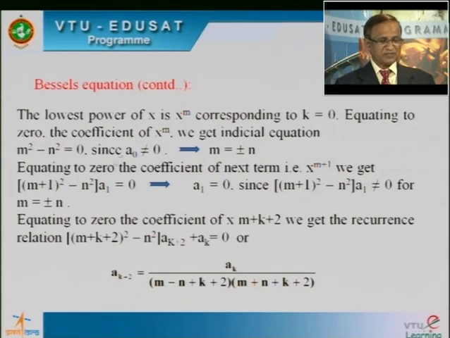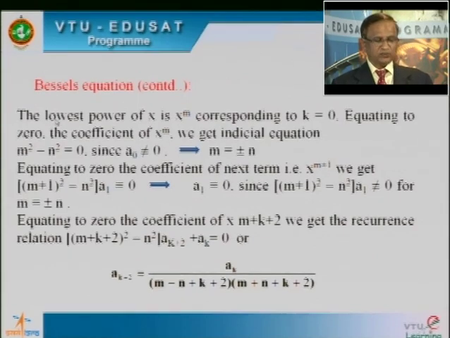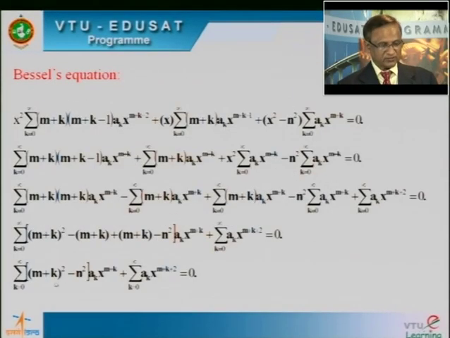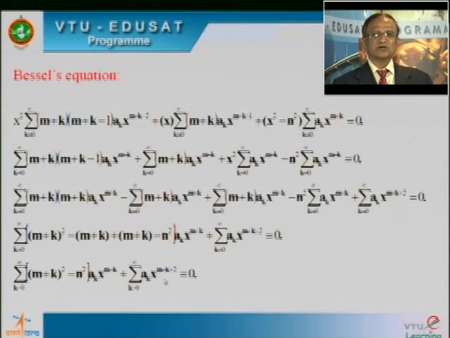Like previous examples, here also you can collect the lowest power of x. So in the previous equation you want to replace k by 0, k by 1, k by 2, k by 3 and so on. Here also you want to replace k by 0, 1, 2, 3 and so on.